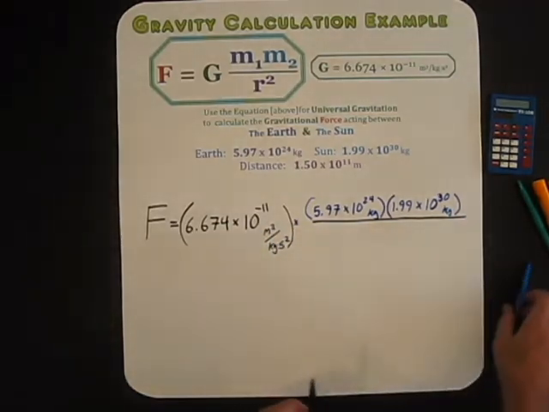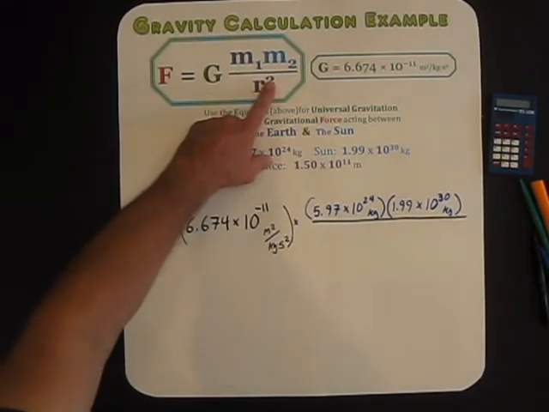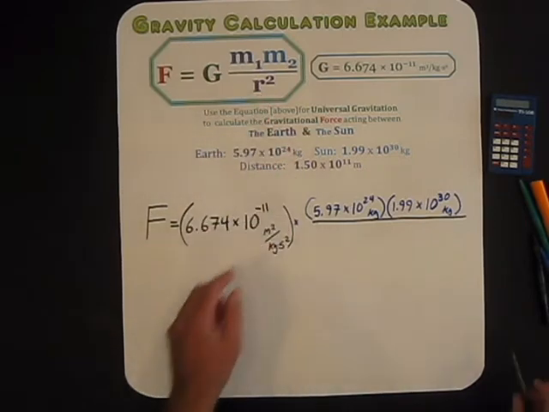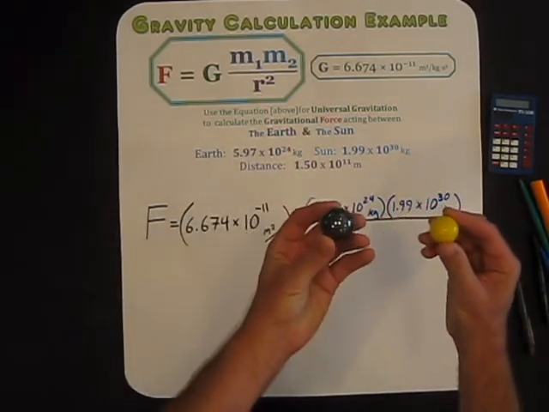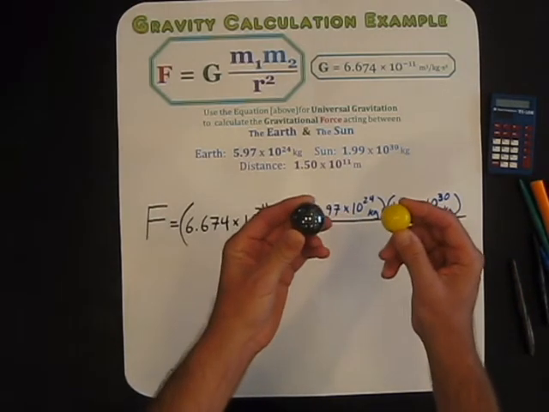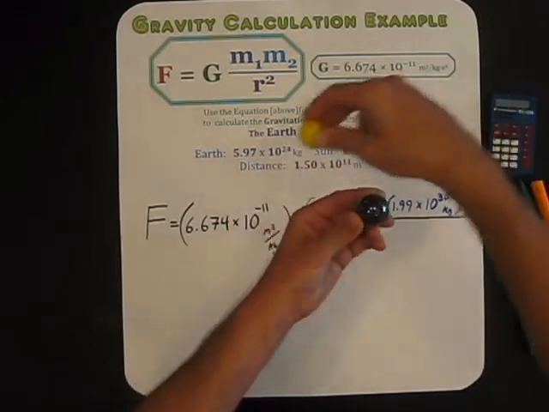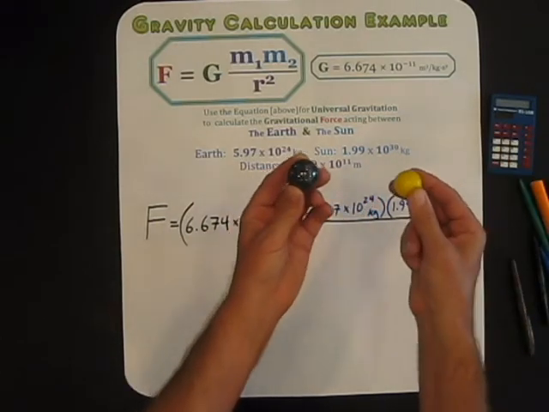And then in the denominator, what do we got? Oh yeah, we need r squared. So again, because of the units, the distance between them, and why is it called r? The reason it's called r is radius, right? But think about it. If we're talking about two objects orbiting each other, like let's say this one's going around that one, well, it's the radius of that circle, sort of, right? So that's why they decided to call it r instead of just d.